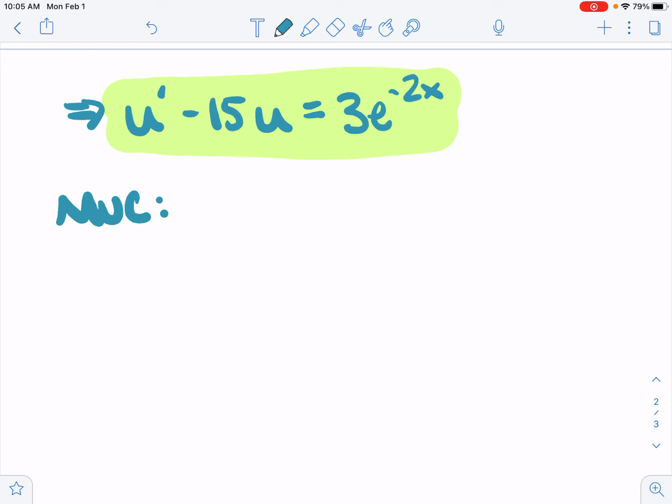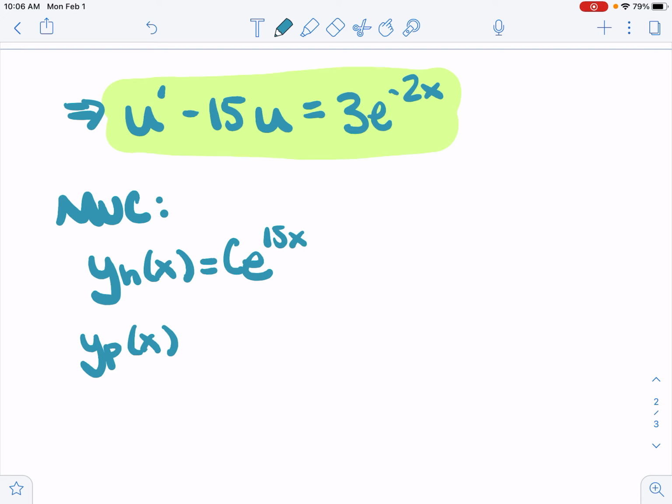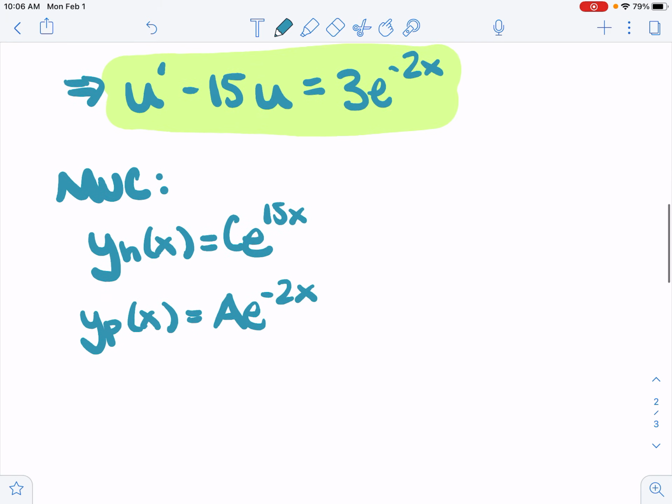But the method of undetermined coefficients tells us we have our homogeneous solution, which is going to be c e to the 15x. And our guess for our particular solution is a e to the minus 2x. I'm choosing the method of undetermined coefficients mostly because the right-hand side here gives us a really easy guess, and this seems like the right way to go.